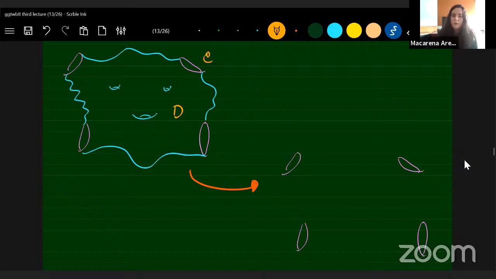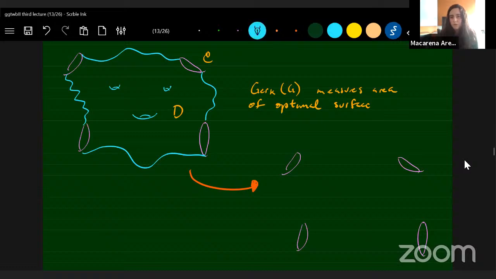And the growth type of the weak isoperimetric function f measures how much we can improve this diagram. So we can throw away the original chain D and substitute it for a chain that has a smaller area.